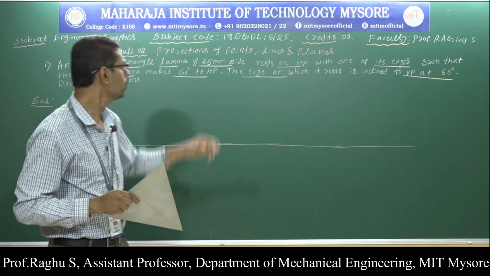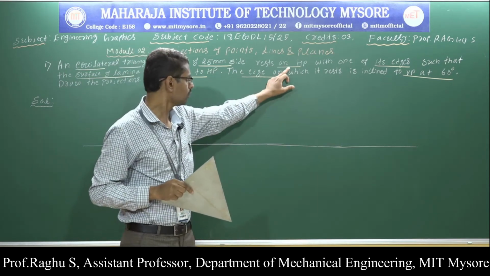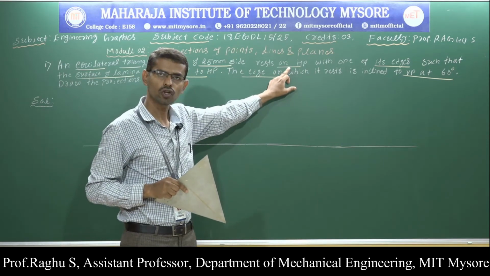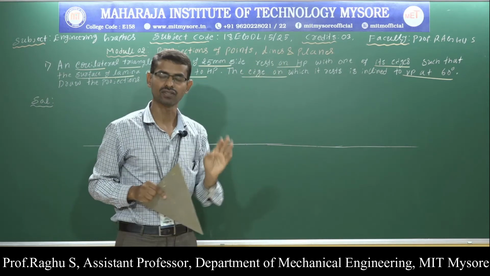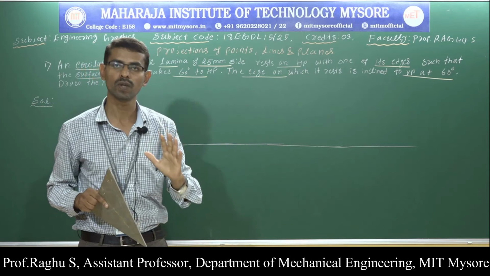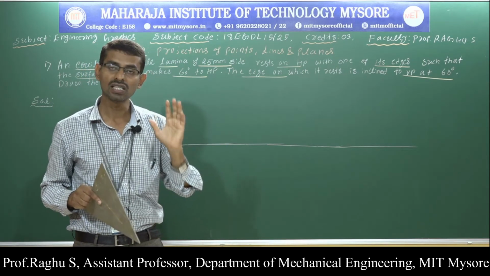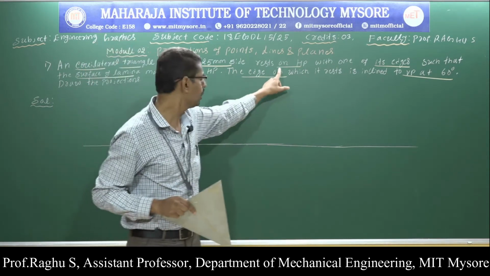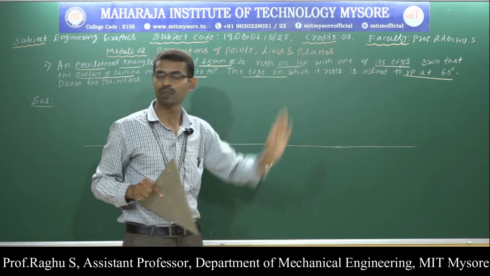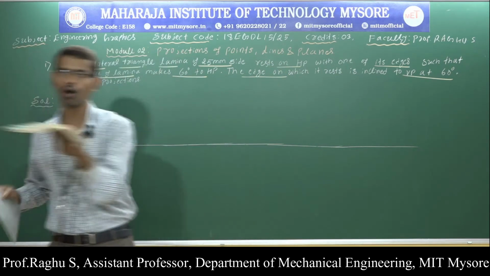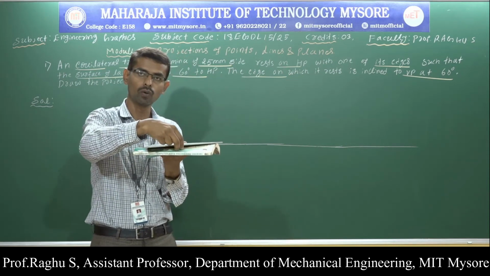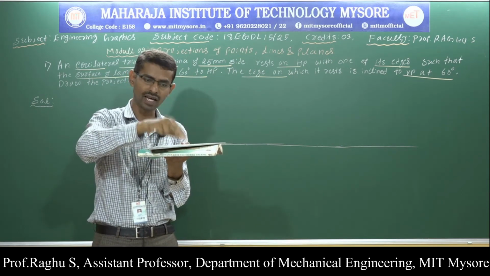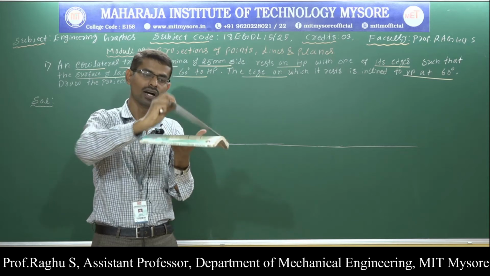Next, let us move on to the next one. The lamina rests on HP with one of its sides or edges. Next, check whether the lamina is resting on HP or VP. In the problem, it is clearly mentioned that the lamina is resting on HP. Say this is the horizontal plane, the lamina resting on HP. Now, there are only two possibilities: either the lamina resting on an edge or resting on a corner.